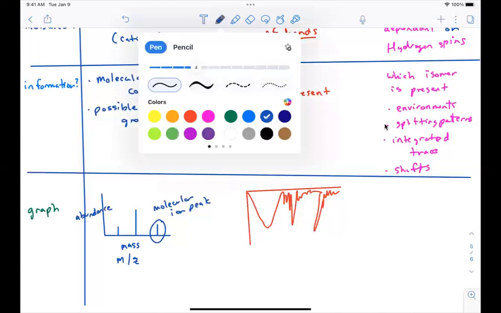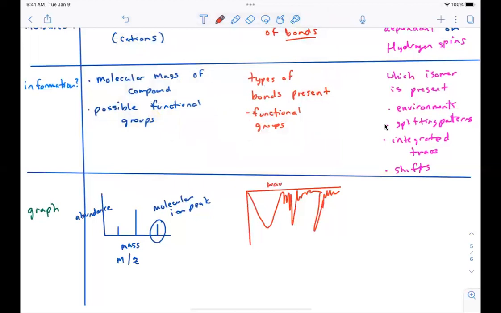This one is wave number, and this is absorbance. Oh, sorry, transmittance. Because when it dips down, it's absorbing, so the transmittance is going down.